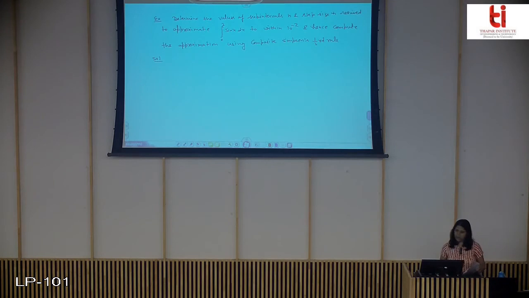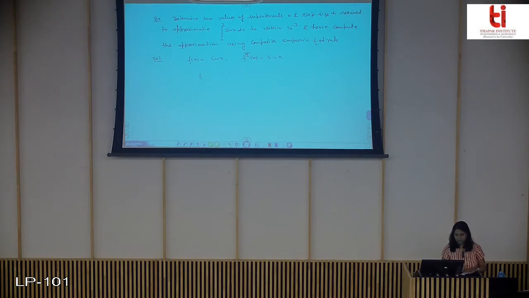So what you have to do is compute the value of n and h to approximate the integral of sin x from 0 to 2 within 10 raised to minus 2, and hence compute the approximation using composite Simpson 1/3 rule. Everything is given here. This is the same question as the previous one. f(x) is sin x, and the fourth derivative of sin x is sin x only.